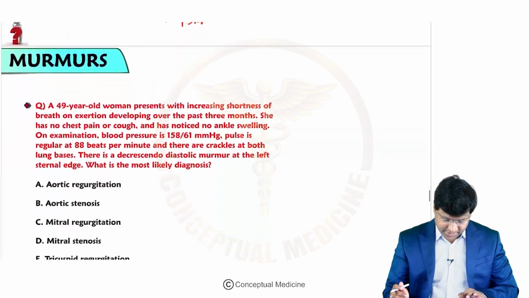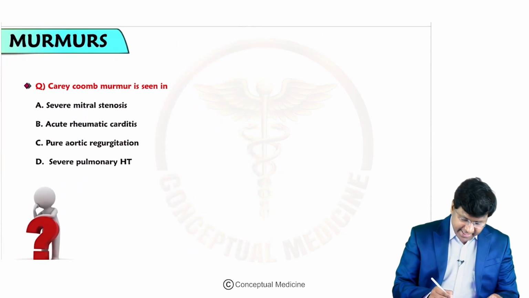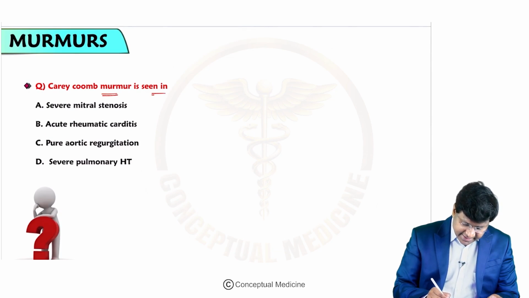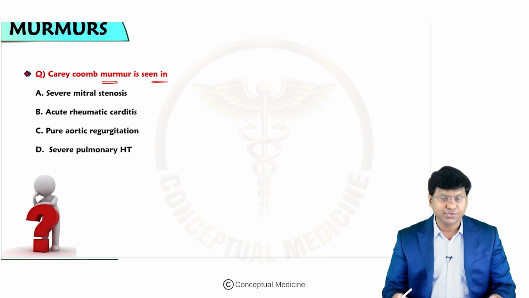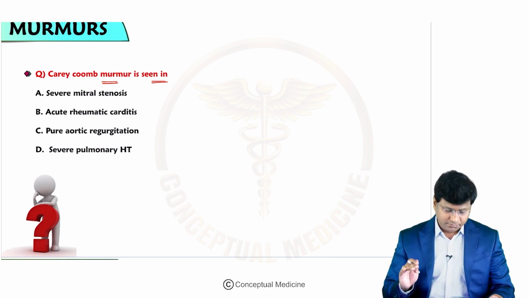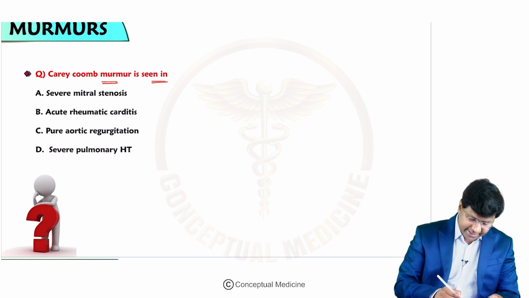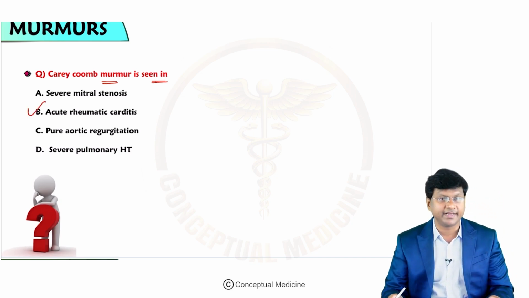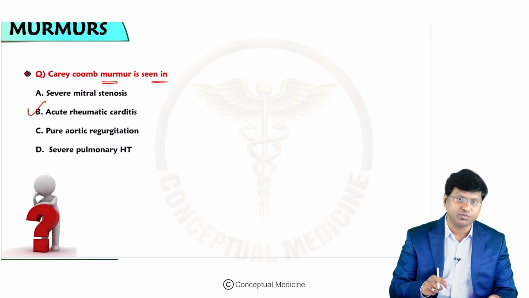Next. Now, let me discuss the named murmurs. Carey Coombs murmur is heard in severe mitral stenosis, acute rheumatic carditis, pure aortic regurgitation, severe pulmonary hypertension. It is heard in acute rheumatic carditis, but I will explain what Carey Coombs murmur is and its mechanism.